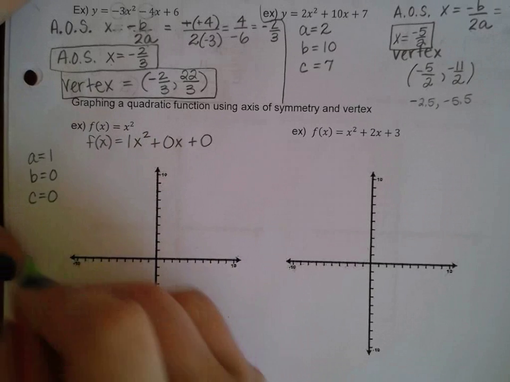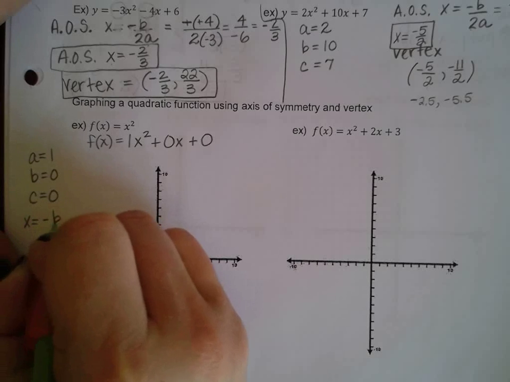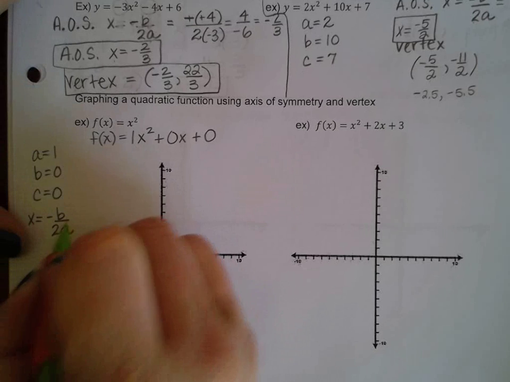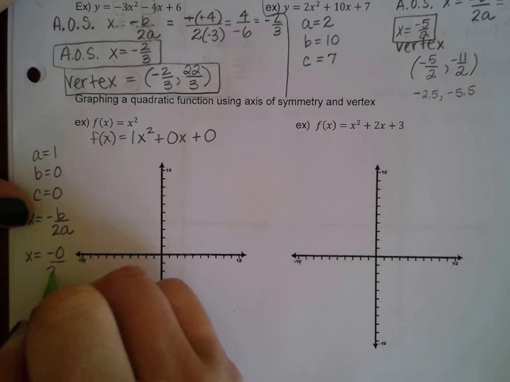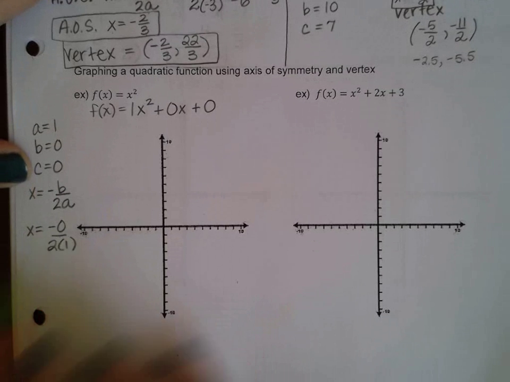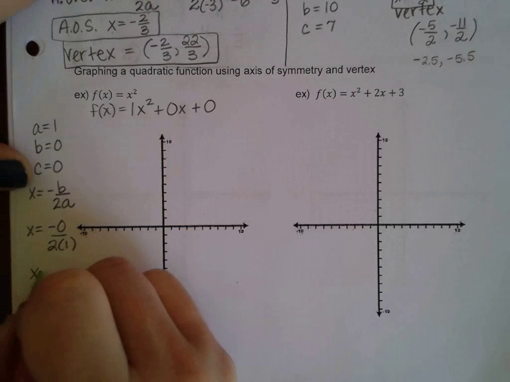To find your axis of symmetry, you're going to do x equals -b over 2a. So this is going to be -0 over 2 times 1. Well, even if it's -0, it's still 0. And 0 divided by anything is still 0.